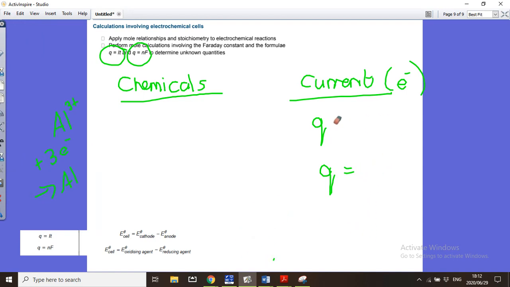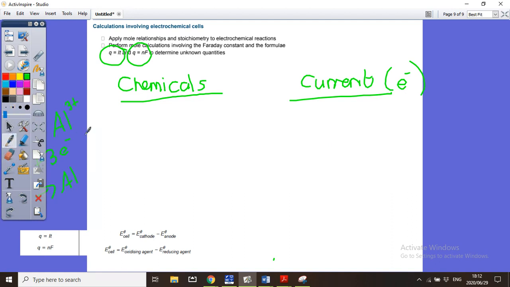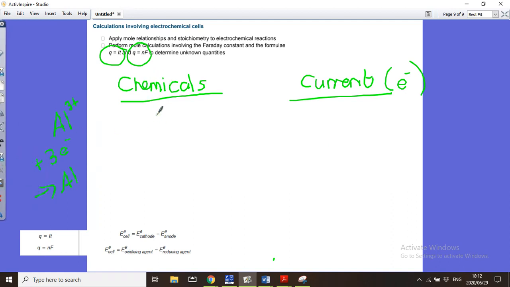Now, please go and do the worksheet again and practice this, because you do need to practice it a little bit. If they give you information about the chemicals, they normally give you the mass or the volume. So your first job is to take the mass or the volume and use N equals M over Mr or V over Vm and go and work out the actual moles. But remember, this is the moles of my chemical. So my moles of my aluminium will then lead me to my moles of my electrons, because you're going to look at your ratio again.